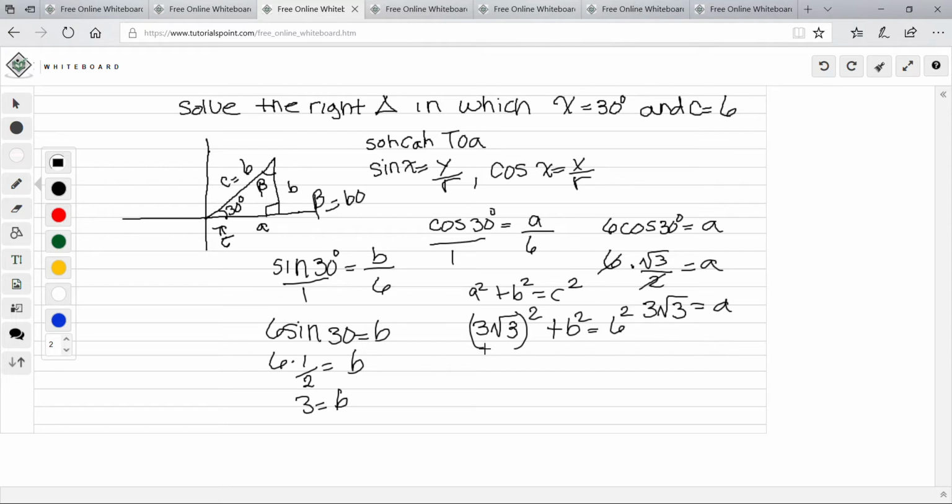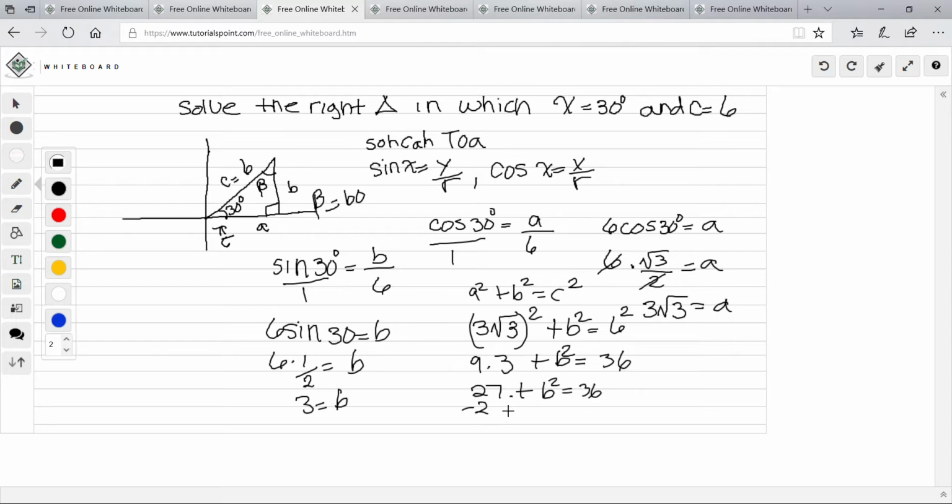So 3 times root 3 squared is 3 squared, which is 9, times the square root of 3 times the square root of 3, which is 3, plus b squared, and 6 squared is 36. 9 times 3 is 27 plus b squared equals 36.